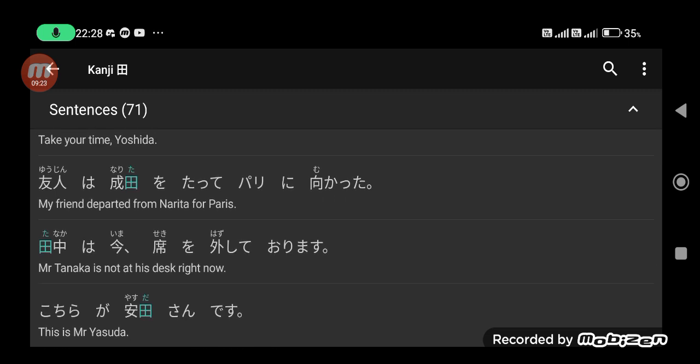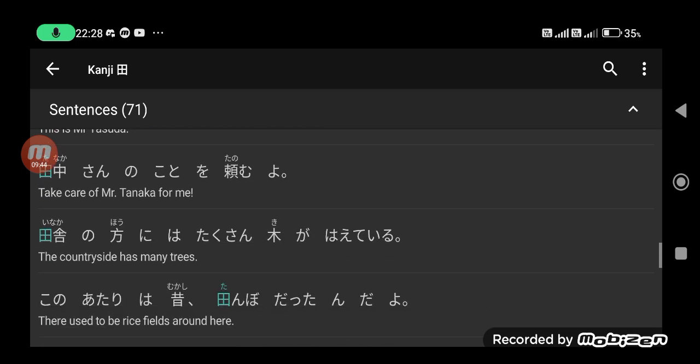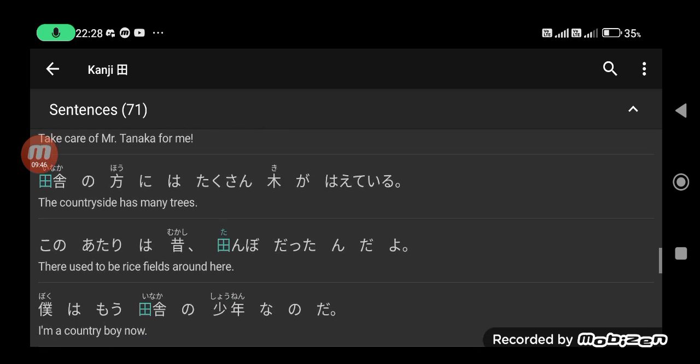Again, as I have said earlier, this kanji is very much used in proper nouns, or jinmeiyo. Say you're introducing Mr. Yasuda. こちらが安田さんです。Okay, you may screenshot other sentences, minasan. There are furigana and the English translation is indicated below.